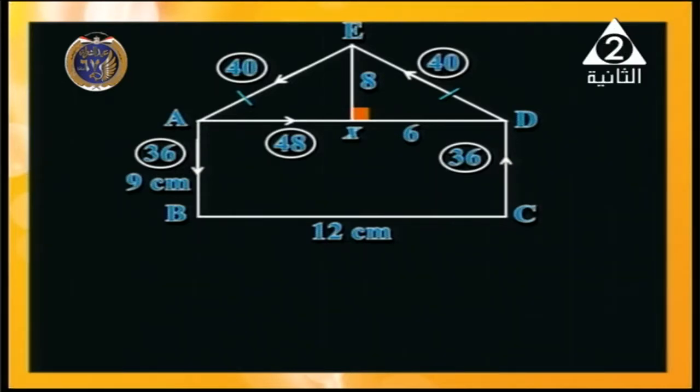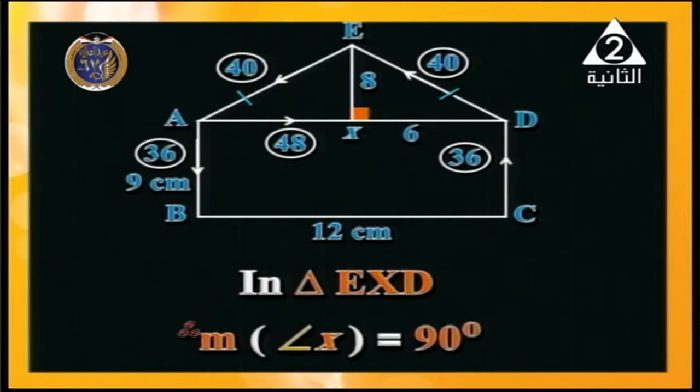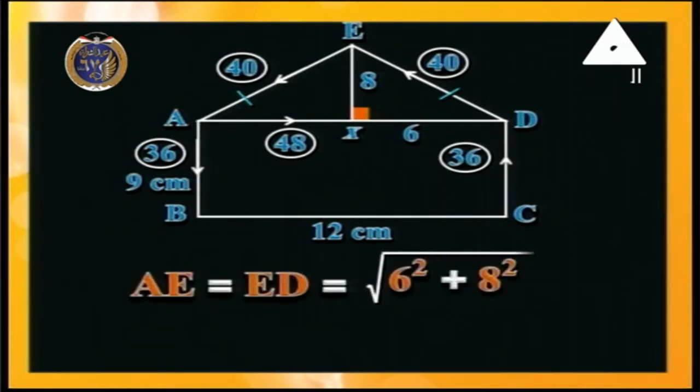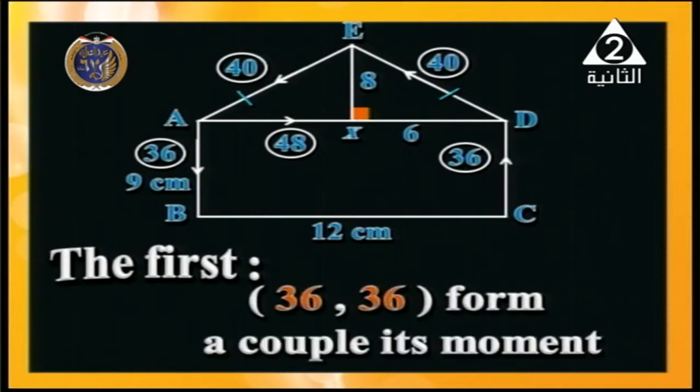My dear student, in triangle EXD, the measure of angle X equals 90 degrees. Therefore, AE equals ED equals the square root of 6 squared plus 8 squared, which equals 10. The first two forces of 36 form a couple.